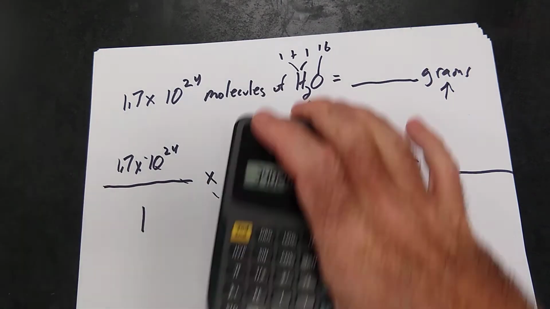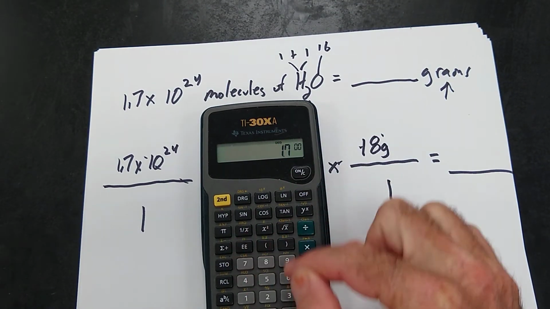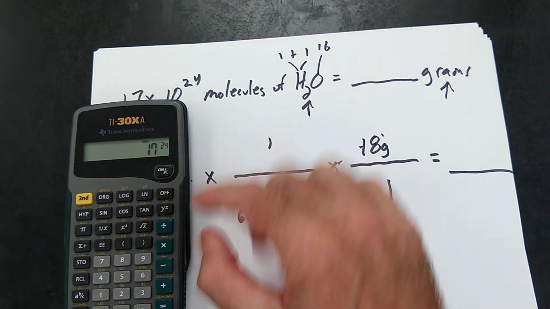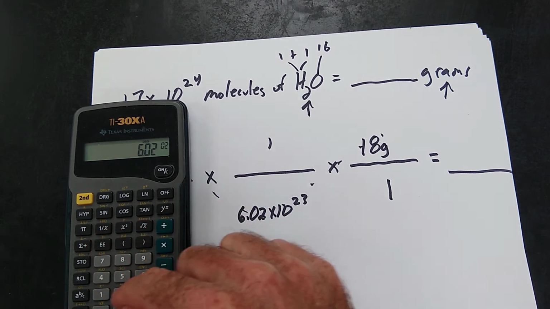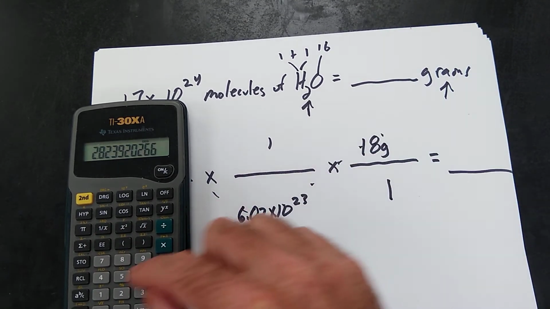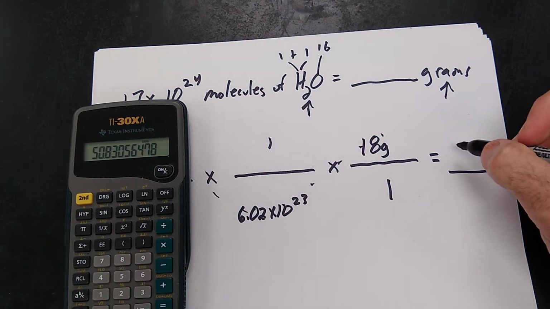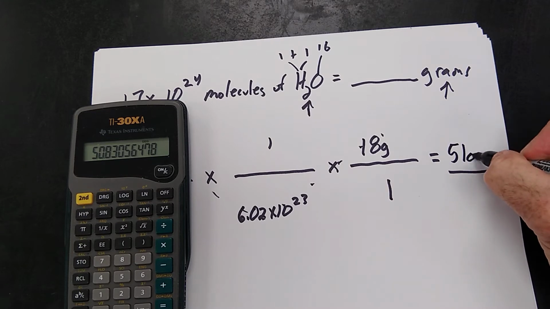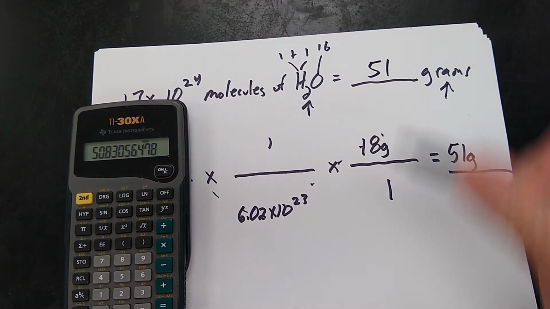Okay? Let's see if you got it right. 1.7 EE24 divided by 6.02 EE23 times, because we're going back up, times 18 equals 50.8 grams, and I'm just going to lazily round that off to 51 grams, okay?